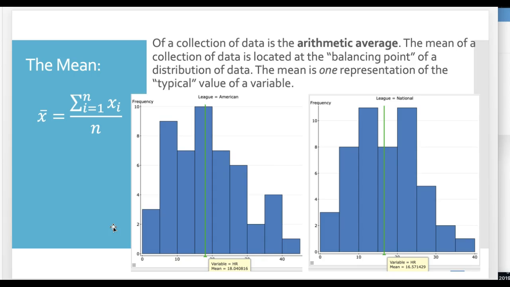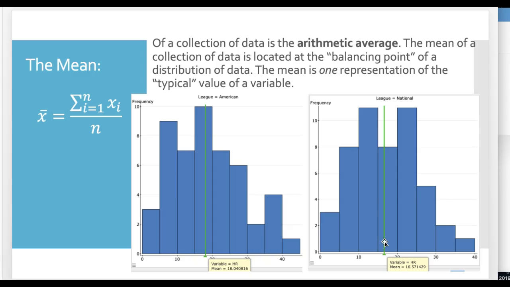And of course here I also showed you in StatCrunch how, before we had numeric summaries, we would be looking at this histogram here, or these 2 histograms here, and we'd be trying to estimate where the center is. And now this green line is the numeric summary for the center.